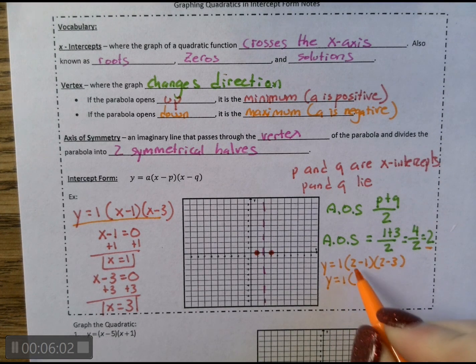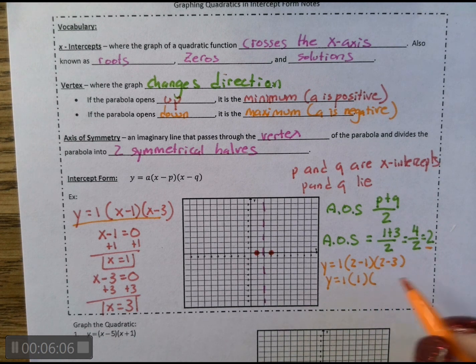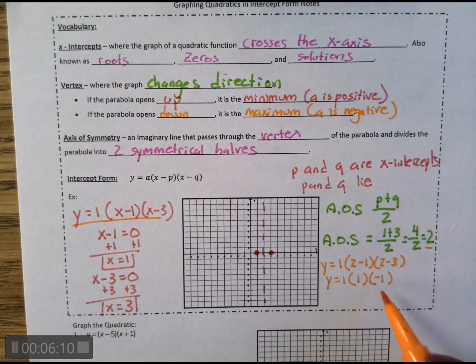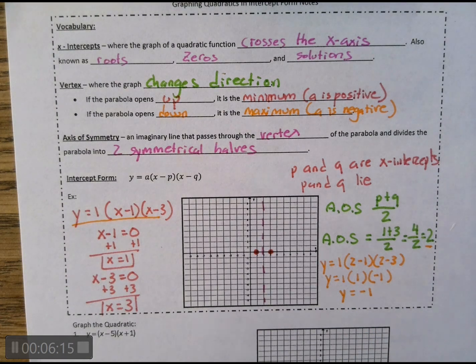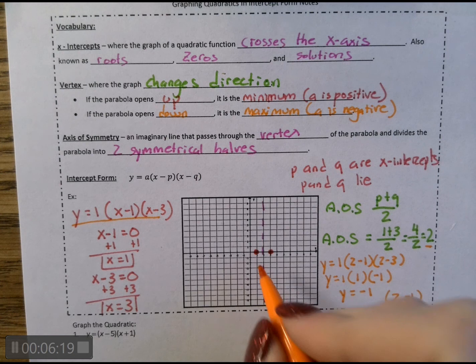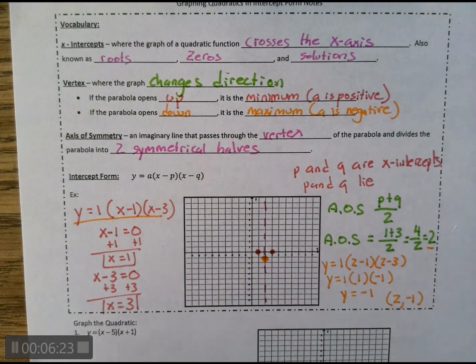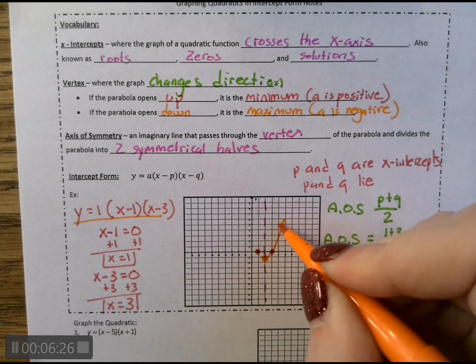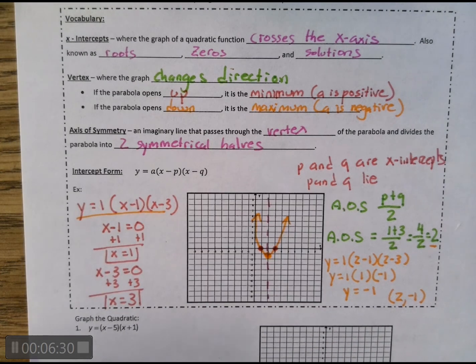So I have y equals 1, 2 minus 1 will give me 1, 2 minus 3 will give me negative 1. So 1 times 1 is 1, times negative 1, y equals negative 1. So then my vertex is 2 comma negative 1. Okay, and then we can go ahead and graph it. Ta-da! And that's our intercept form.